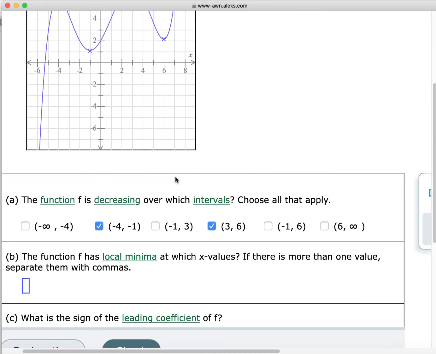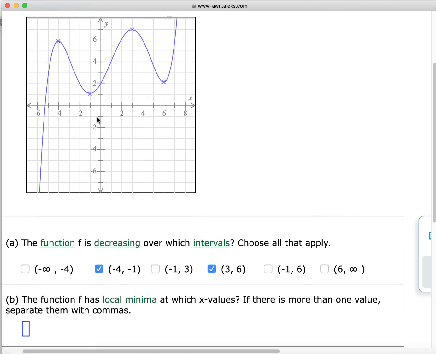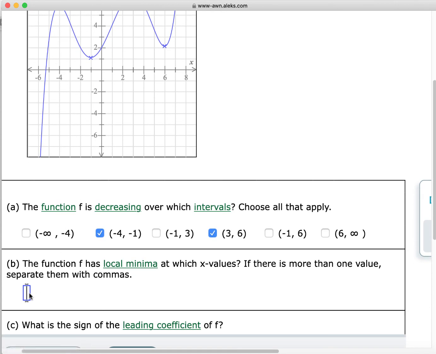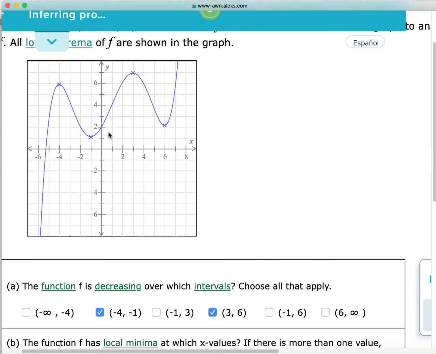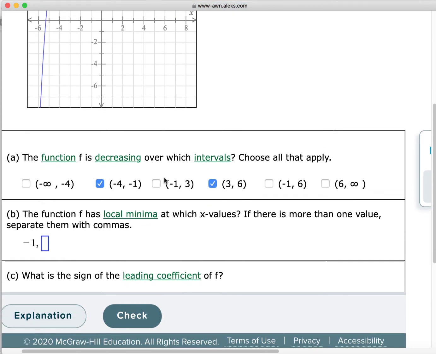All right. Here they're asking us the x values where we have local minima. So low point. So these are low, and so x equal to -1. Here's a high, and here's another low at x equal to 6.